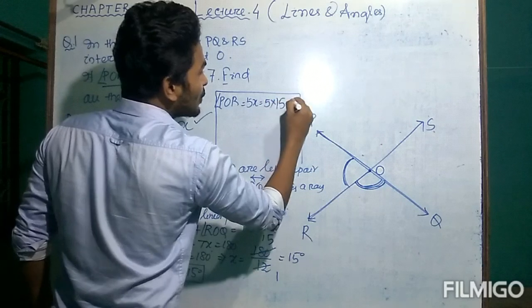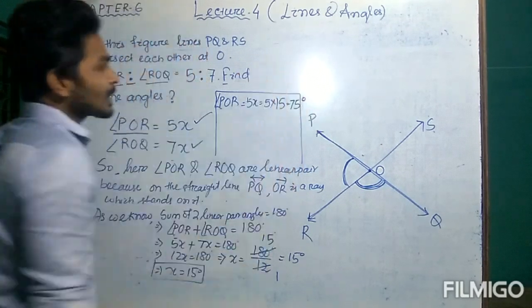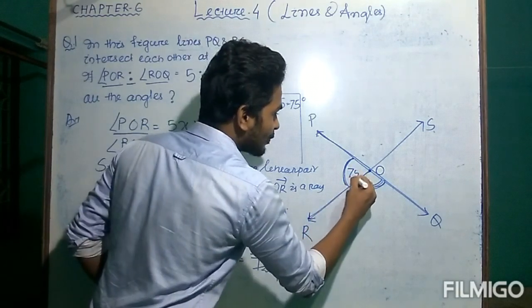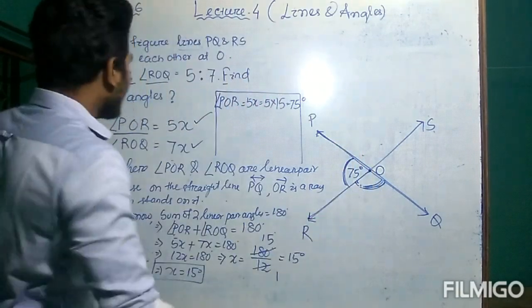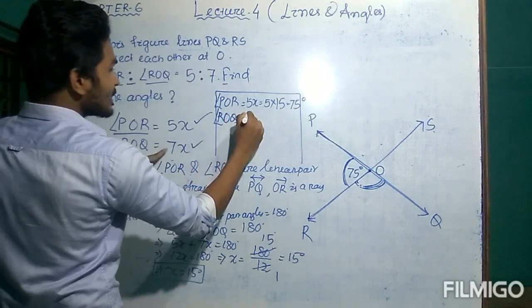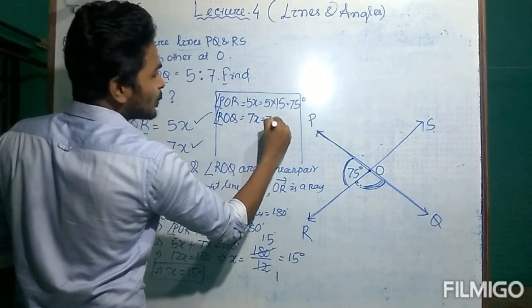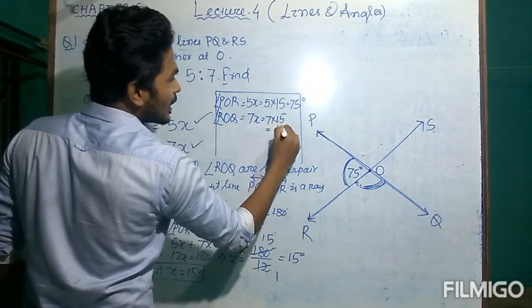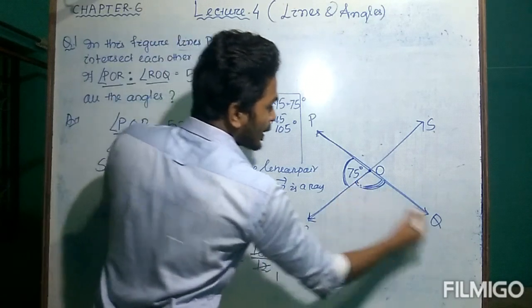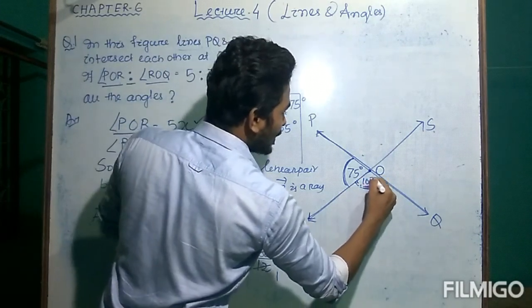That is 15 into 5 is 75 degree. So you get POR. POR is 75 degree. Right? Second, ROQ. ROQ is 7x. That means 7 into 15. Yeah, how much? 105 degree. So you find ROQ. Yeah, 105 degree.